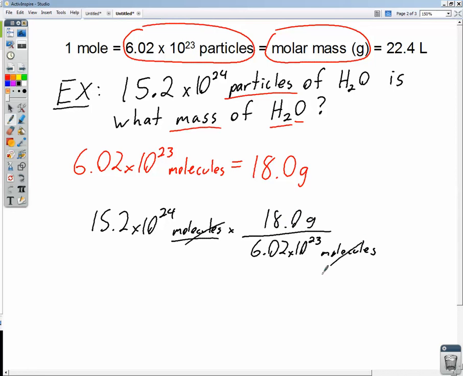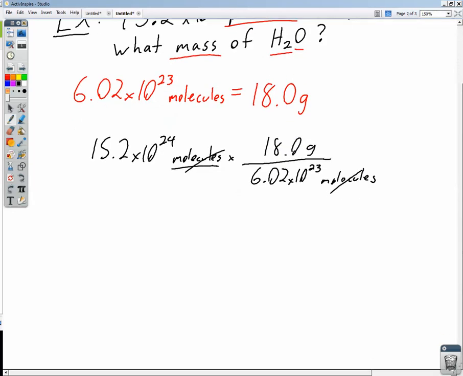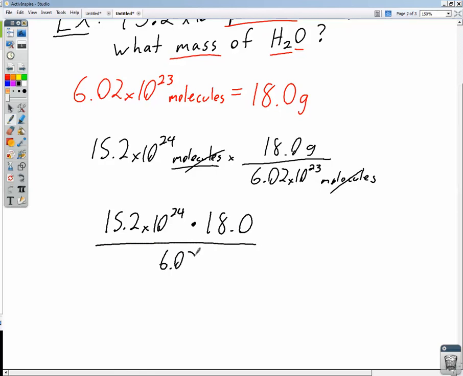Molecules on top, molecules on bottom. Now we do the math. So we've got 15.2 times 10 to the 24th multiplied by 18.0, the whole thing divided by 6.02 times 10 to the 23rd. And we're going to end up with 454 grams of water.